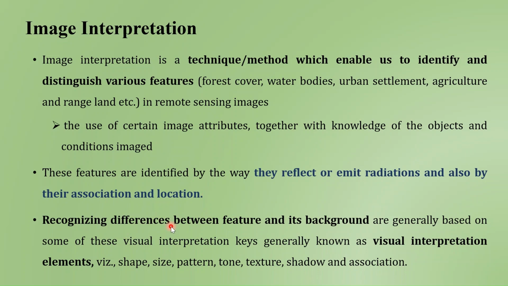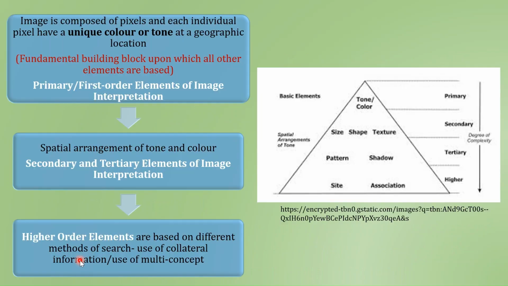Recognizing the differences between the features and their background is generally based on some visual interpretation keys like shape, size, pattern, tone, texture, shadow and association, and these keys are also referred to as the visual interpretation elements.